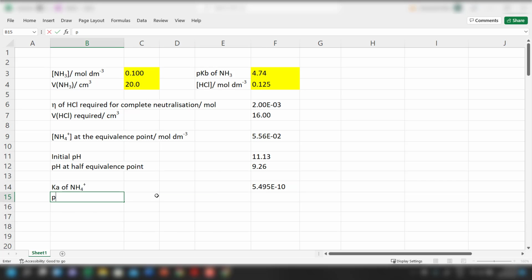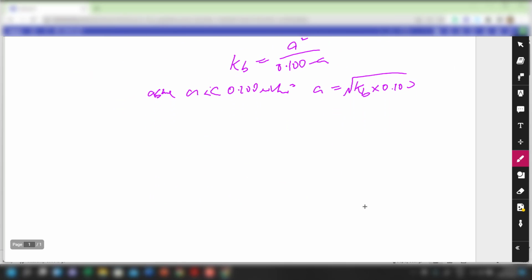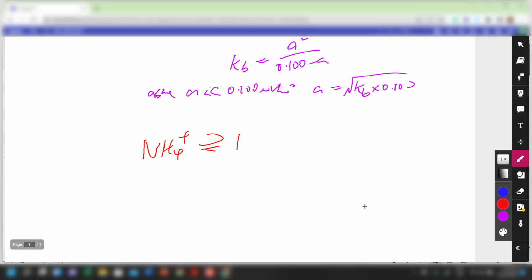What about the pH at the equivalence point? Can we determine it? Yes, that can be done quite easily. We know that ammonium will ionize partially in water to give us ammonia and H plus.